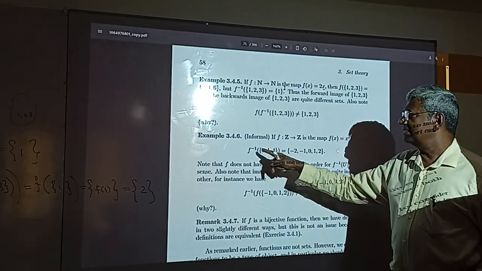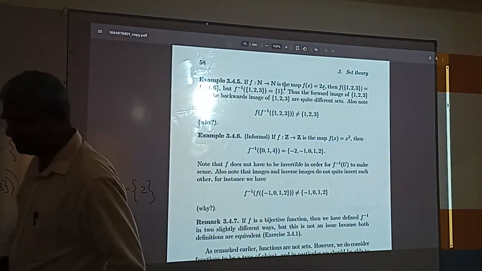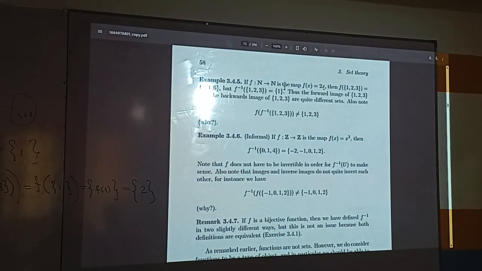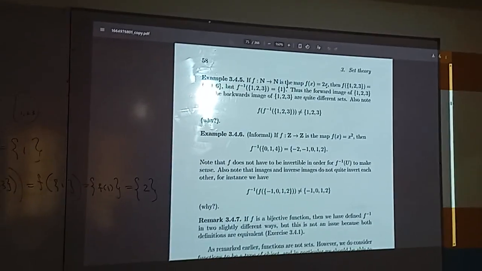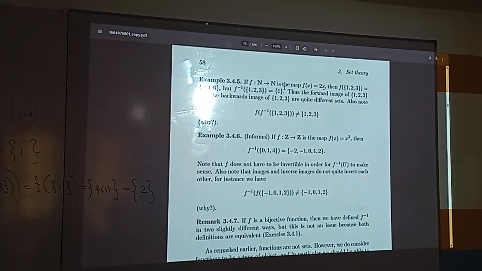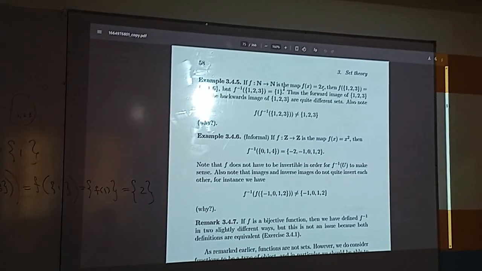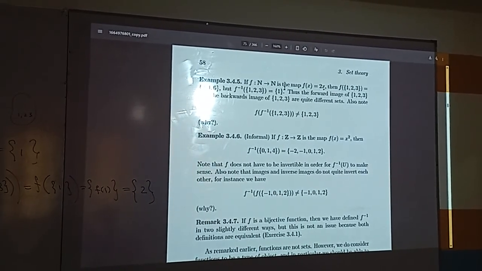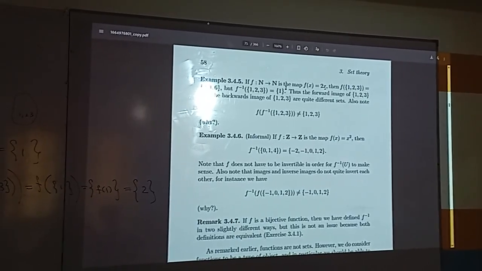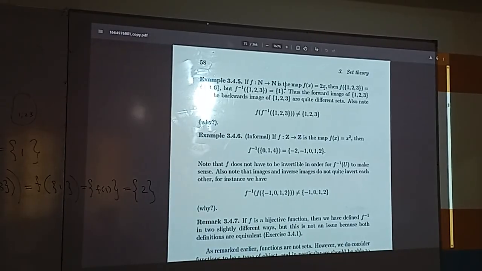What elements come to it? Let's take a new one. f(x) equals x squared. So we want to compute f inverse of the set, with elements minus 1, 0, 1, 2.